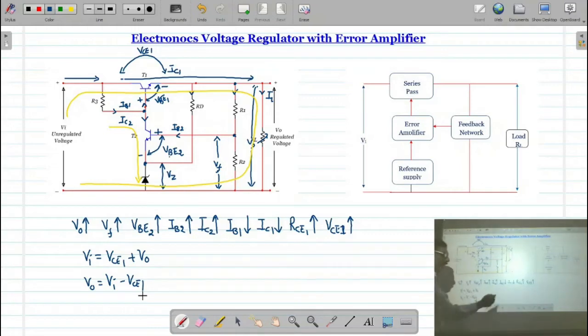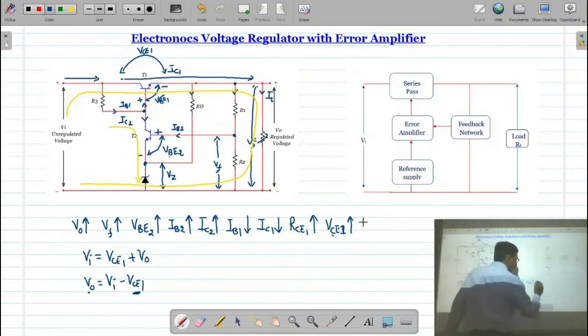So here what is happening? Your VCE1 is going to increase. So if the VCE1 increases, then naturally your output voltage will decrease. So finally your output voltage is decreasing.